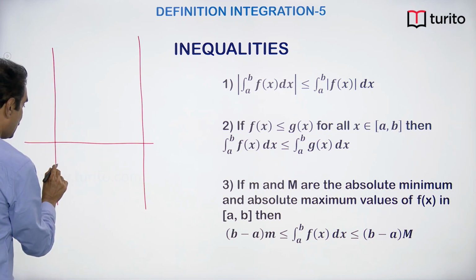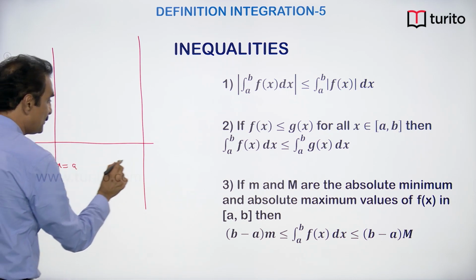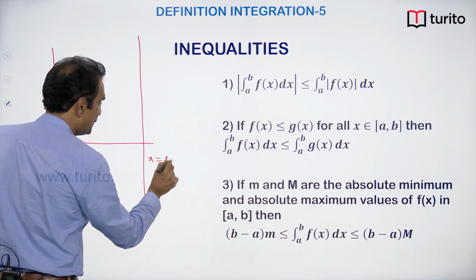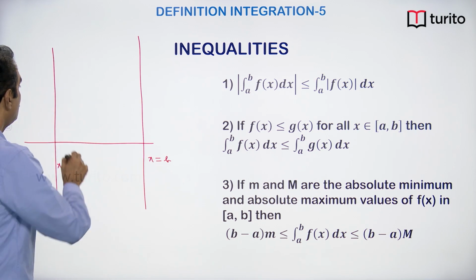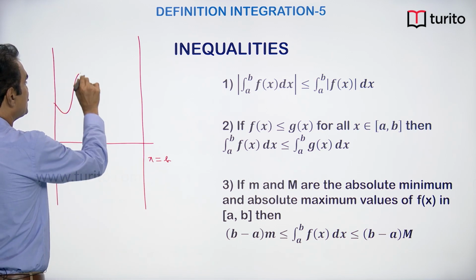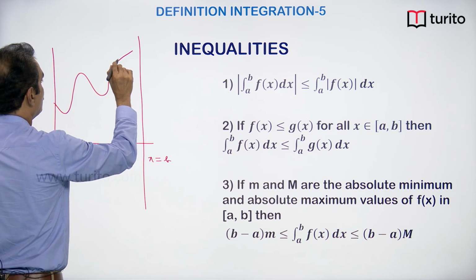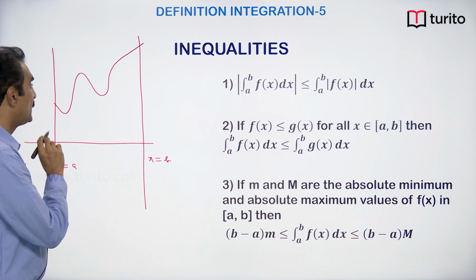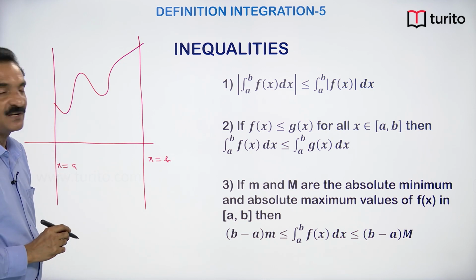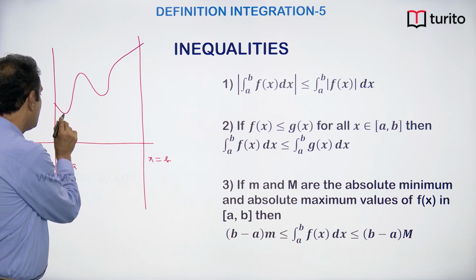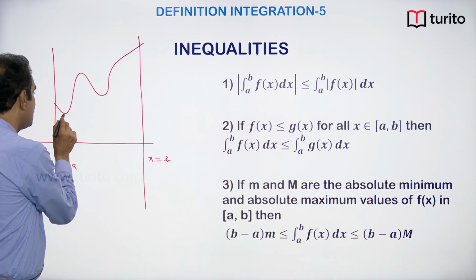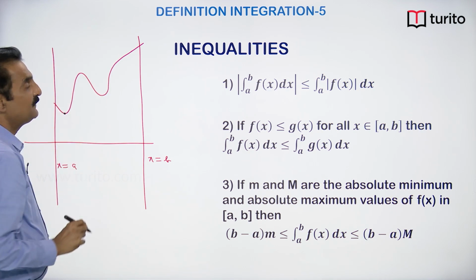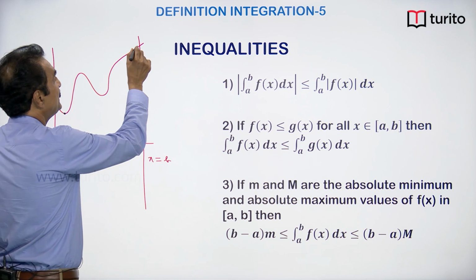I will take the interval like this, x is equal to a to x is equal to b. I will draw the graph of f of x like this. Now, what is the absolute minimum of this function in this interval? It is here. This is absolute minimum, and where is absolute maximum? It is here.